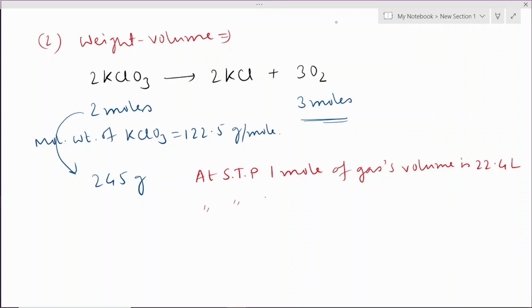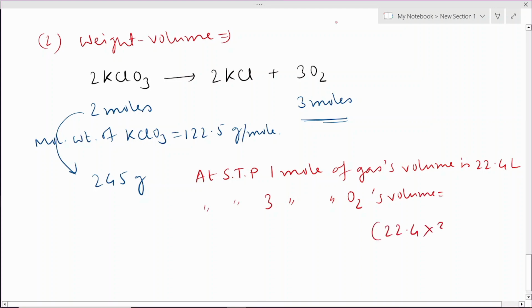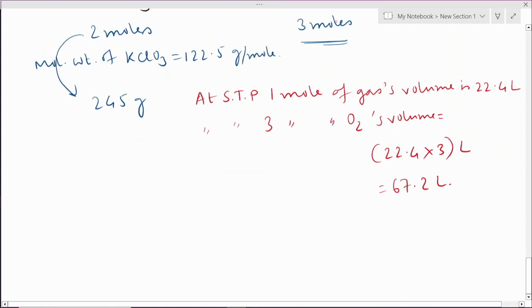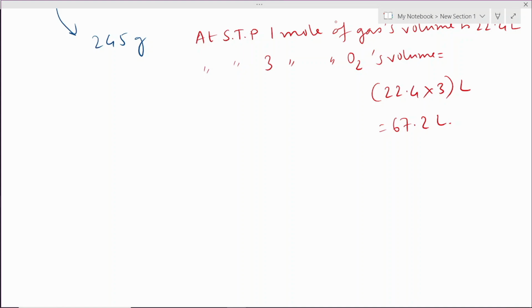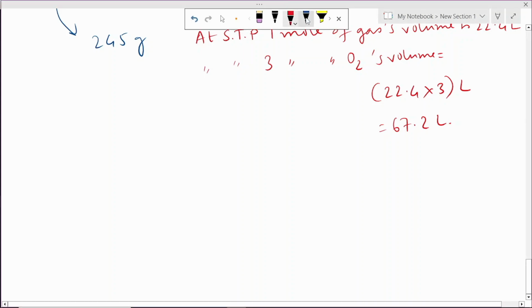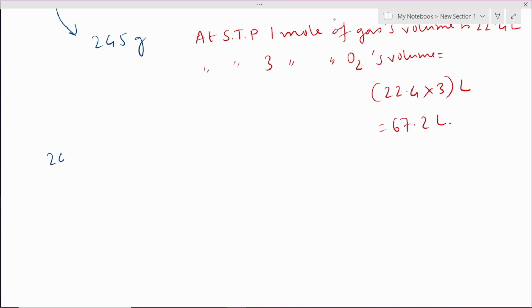At STP, 3 moles of O2's volume will be 22.4 into 3 liter, that is 67.2 liter. So from this weight volume calculation we can say that 245 gram of potassium chlorate gives 67.2 liter of oxygen.